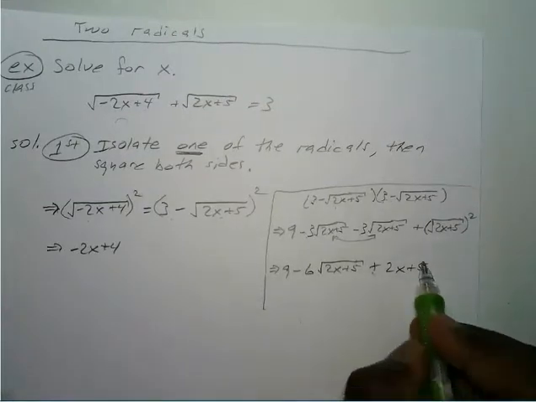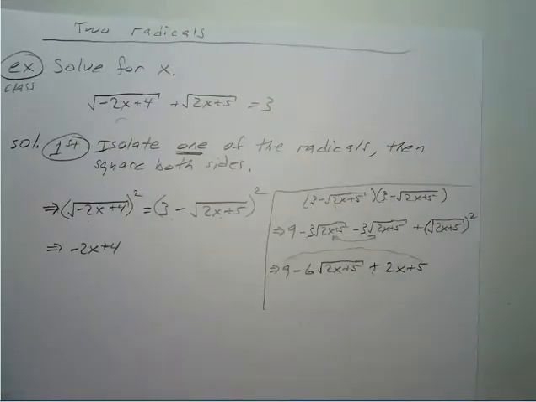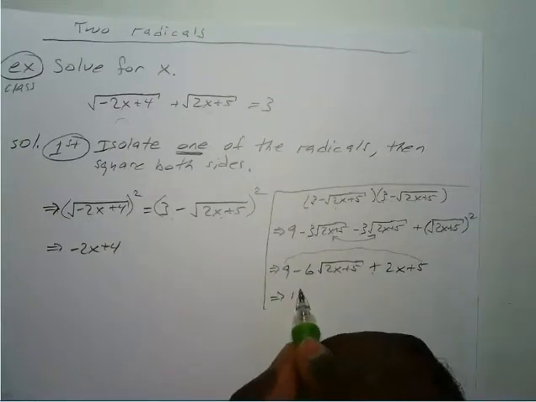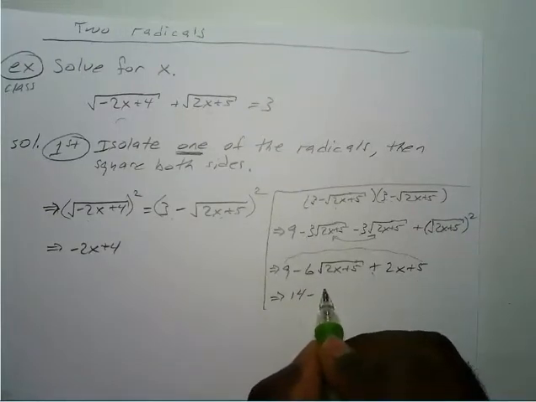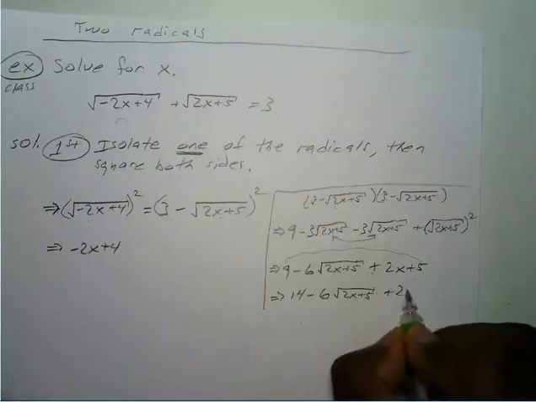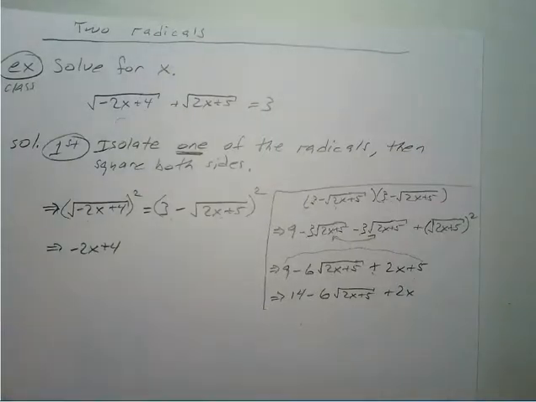Okay, so we can combine the 9 and the 5. So 9 plus 5 is 14. So you have 14 minus 6 square root of 2x plus 5 plus 2x. All right, so we can go ahead and replace that with this.